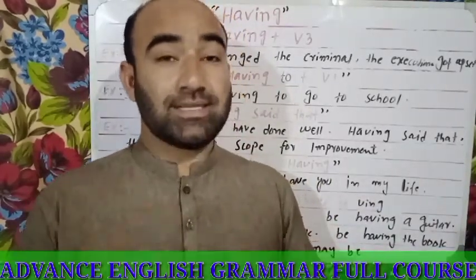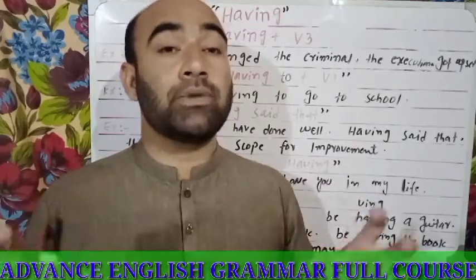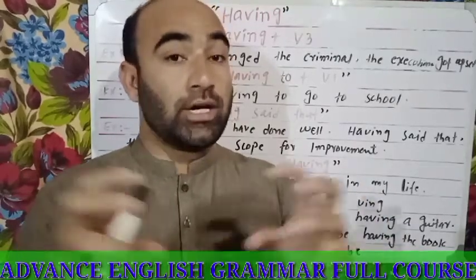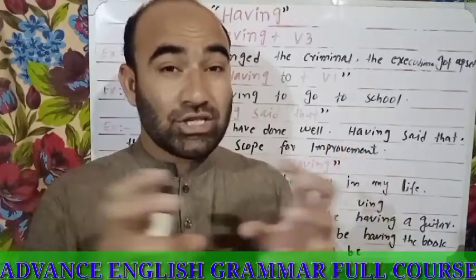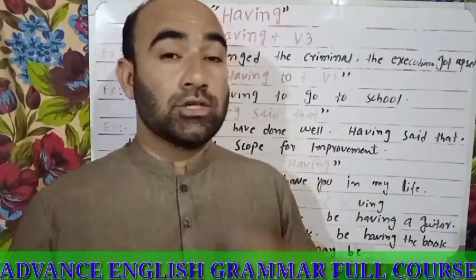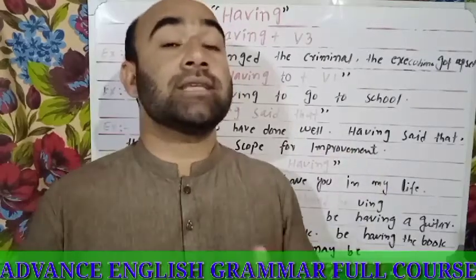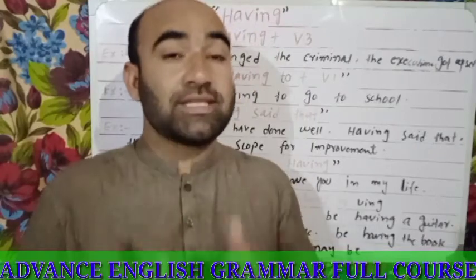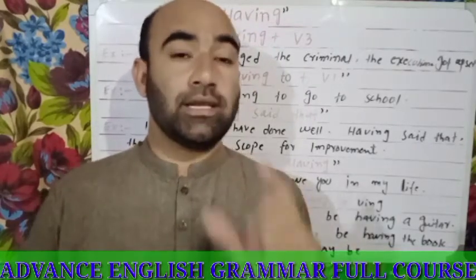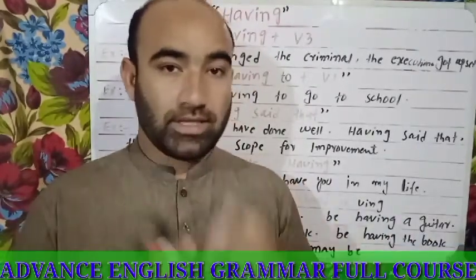Not at all, because these two actions have taken place immediately. They are connected with one another. These actions are next to one another. So we cannot say here, having seen the lion, he ran away from there. We will say here, seeing the lion, he ran away from there.